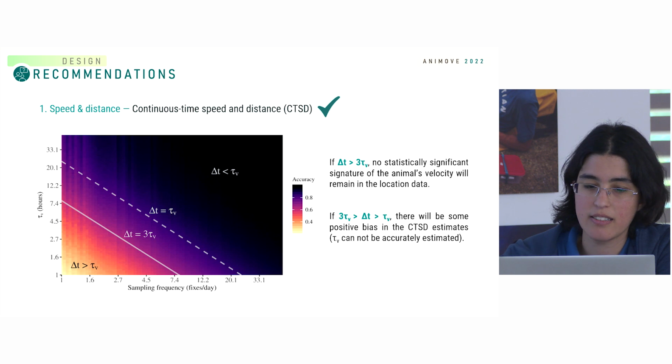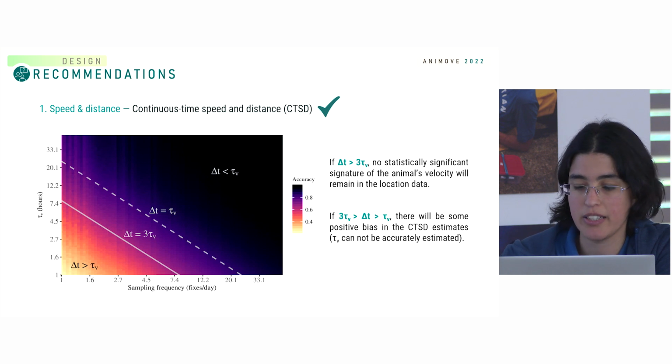It's just something to remember if speed estimation is your goal. And this is, again, speed estimation purely from animal tracking data. It's not using accelerometers or anything like that.